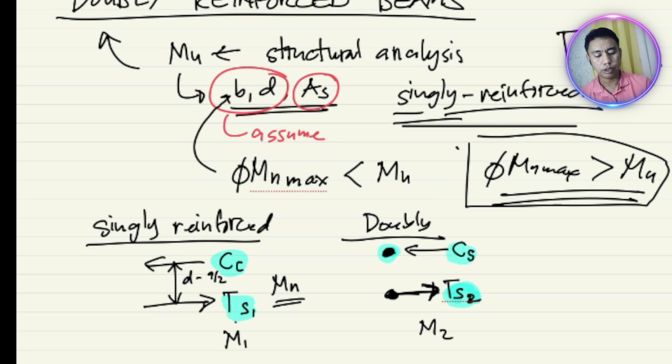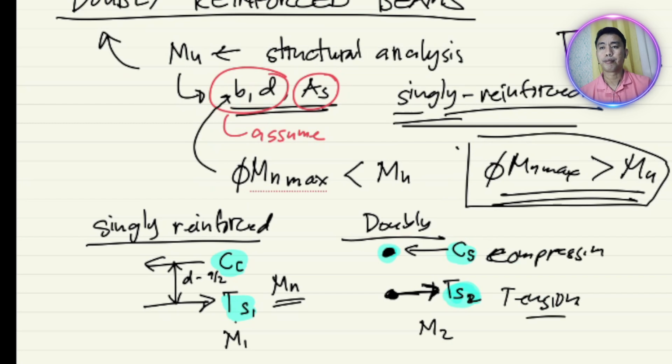Okay? So here, we have compression steel. So sa taas, compression. Yung steel dito sa taas is under compression na siya. Okay? And then sa baba is under tension. Okay? So the same sa tension 1, under tension pa rin siya.